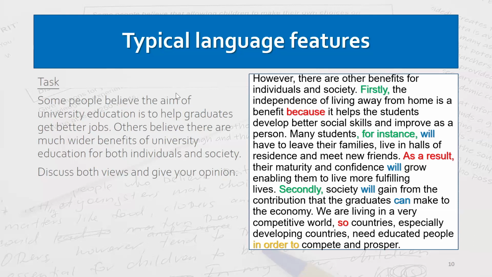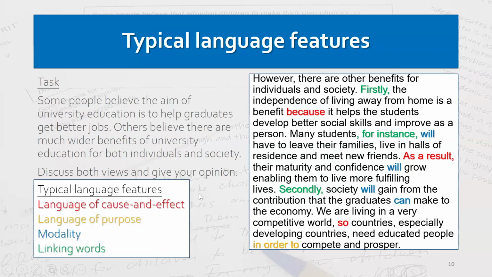So let me conclude. These are the four typical language features that we will be practicing during this workshop: language of cause and effect, language of purpose, modality, and linking words. These four typical language features are important for argumentative and expository writing because they help to achieve the communicative purpose of such essays.